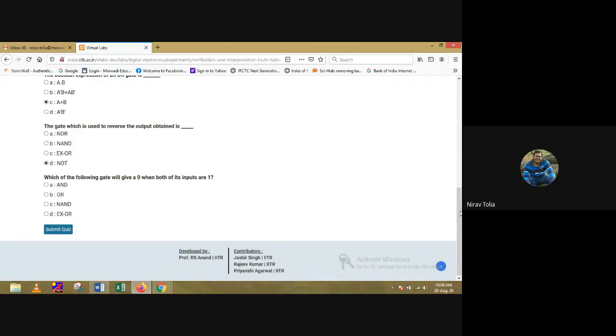And you can also remember the truth table of exclusive OR: 00 gives 0, 01 gives 1, 10 gives 1, and 11 gives 0. So here there is some mistake. The correct answer is NAND, but here they have to write exclusive NOR instead of exclusive OR.